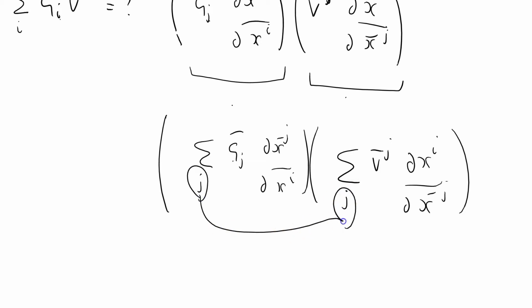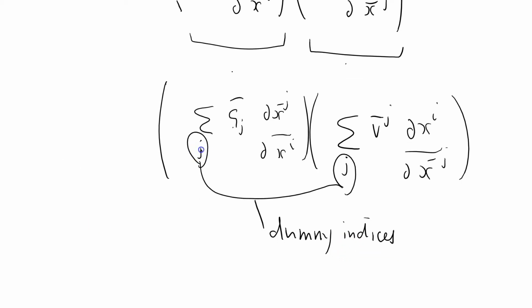That J and that J are both what you call dummy indices. It means that we could put J equals 1, 2, 3, however many dimensions you've got, it doesn't matter. But bringing them together, I'm using the same symbol for both, which is kind of a tactical error.